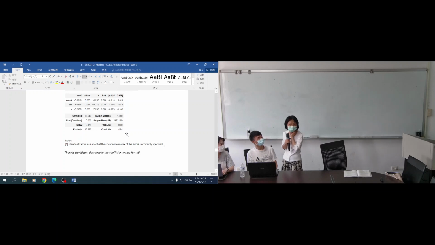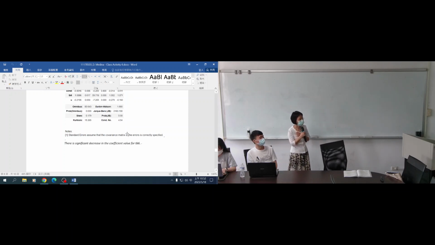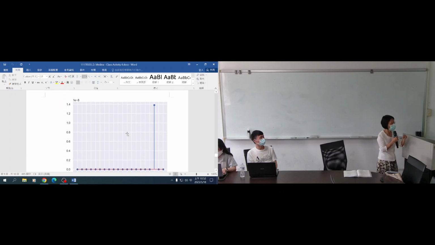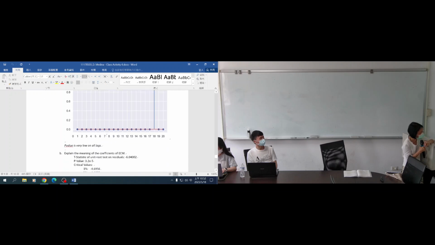Oh, really? All right. So the content of the ECM is not that clear. Okay. So that explains this graph, Professor. So I made the wrong inputs there.